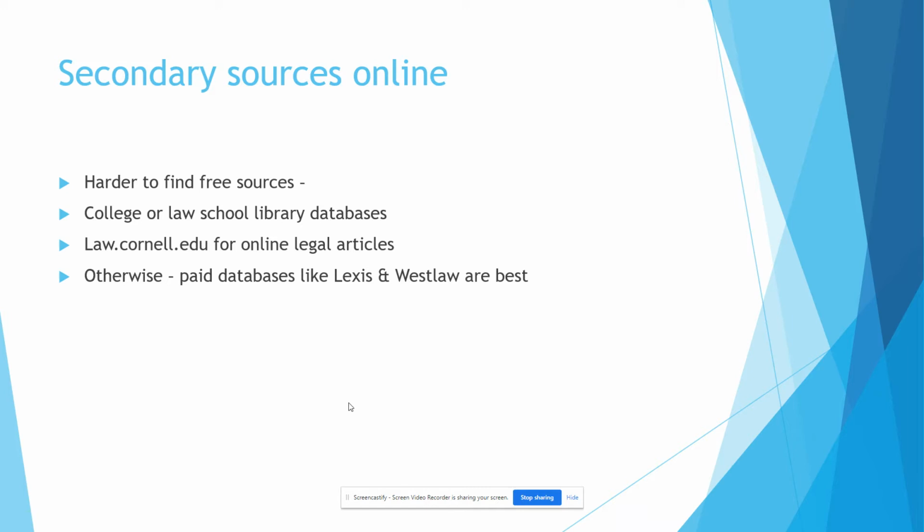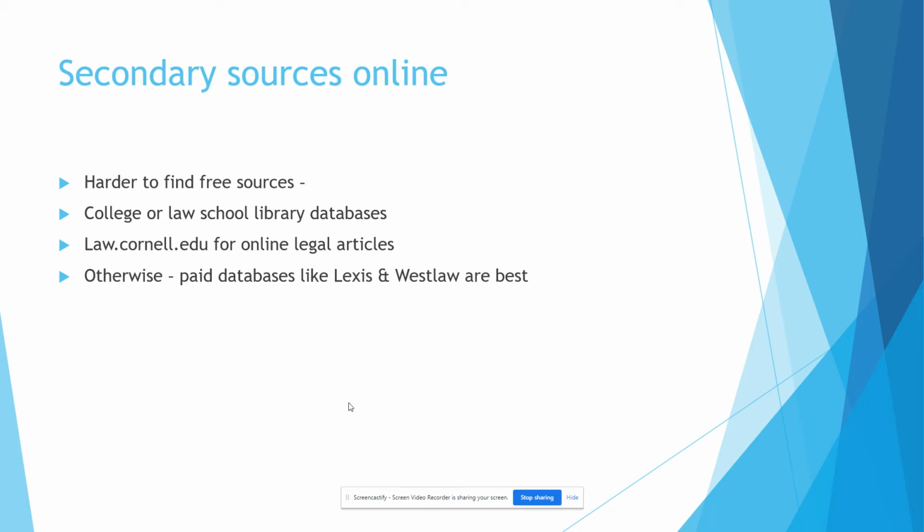Secondary sources online, like I talked about a minute ago, it's harder to find free sources because they're not published by the government. They're published by people who are doing this to make a living. For law reviews, you might be able to get stuff through the law school library.